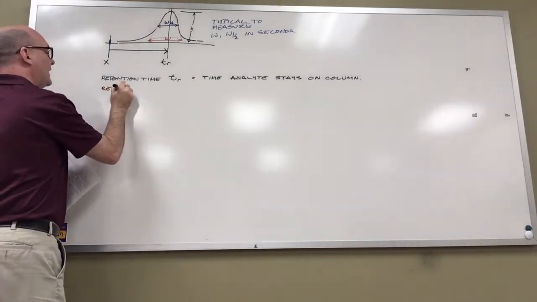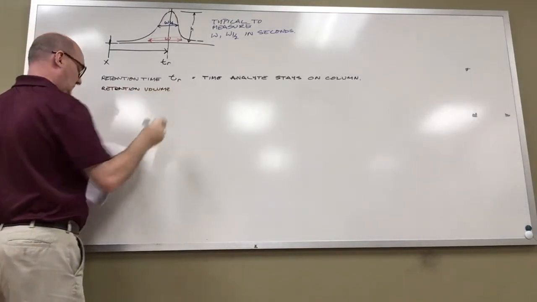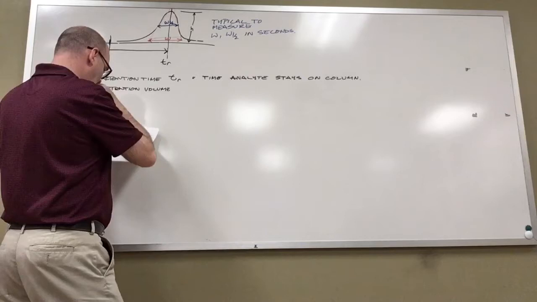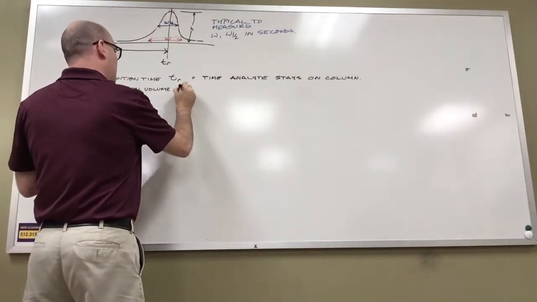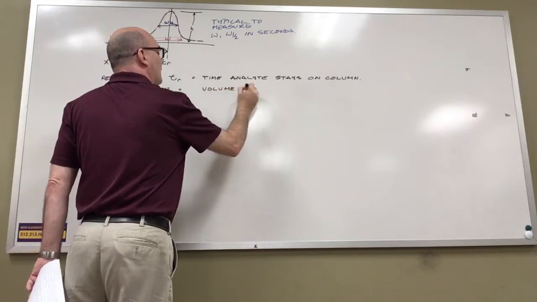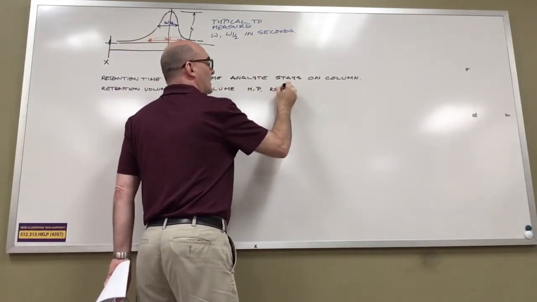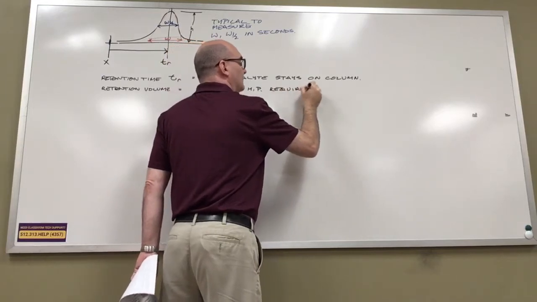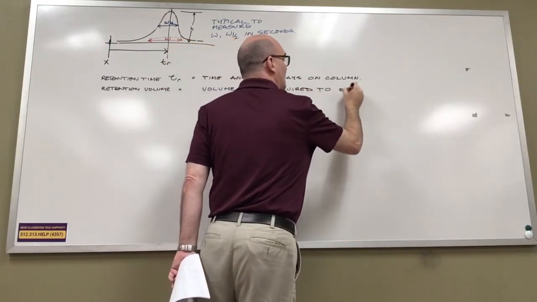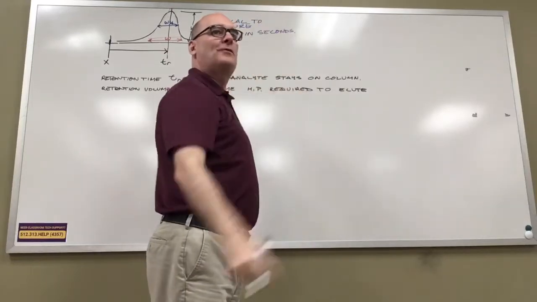And we have a retention volume, which is the volume of the mobile phase required to elute. Elute means come off the column.